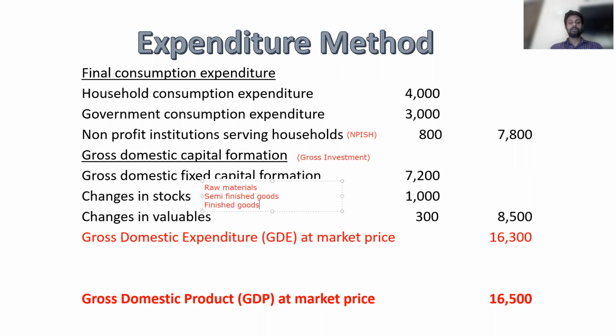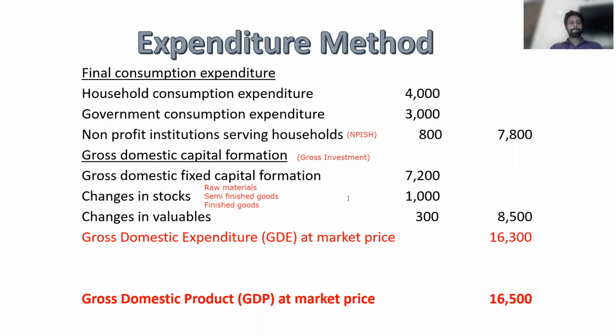Raw materials are the things they have not used yet for production, still available in storage. Semi-finished goods are half done, not completed. Finished goods are not sold, they are in storage and need to be sold. All these are changes in stocks.